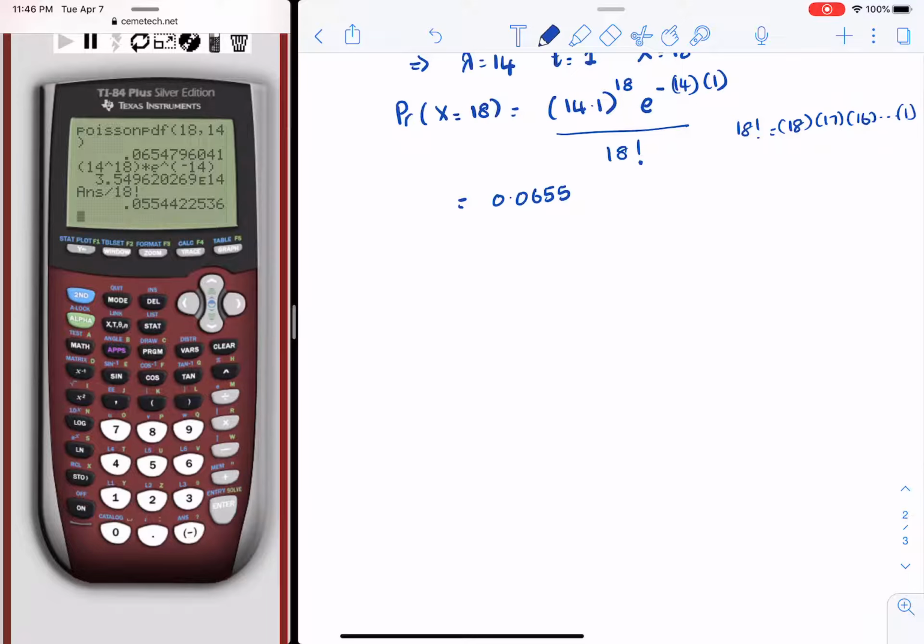Seems to be slightly off. I wonder why. Strange.